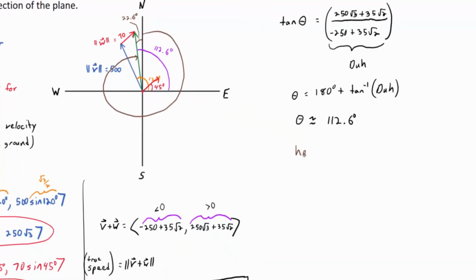So as a heading, we could say that it's approximately, it turned out to be, I guess I could do that in my head if I were awake, 337.4 degrees. I know, I feel your pain.